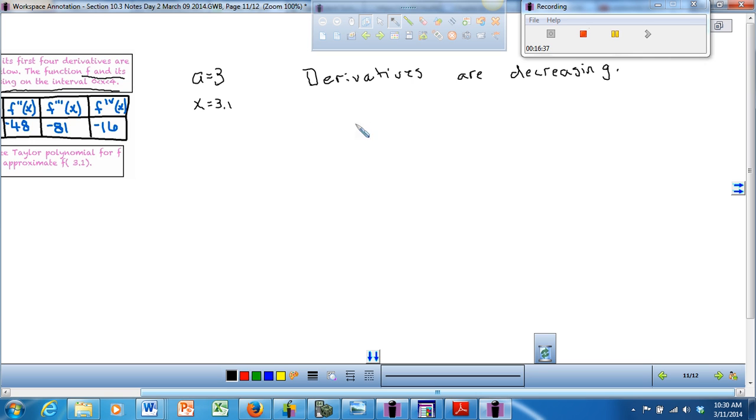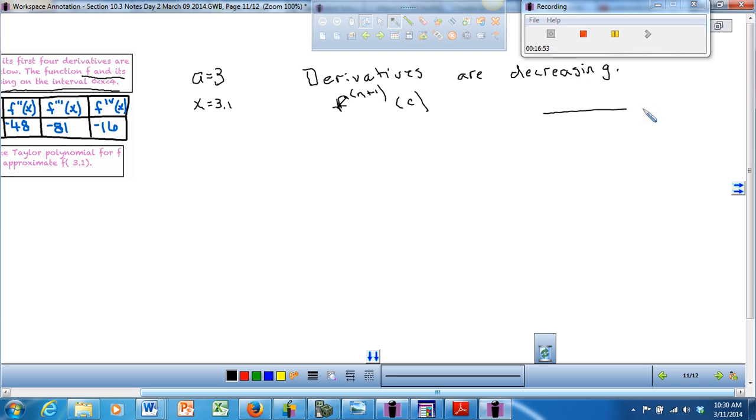Which most likely will tell us that our n plus first derivative at c, what does it tell us if they tell us the derivatives are decreasing?